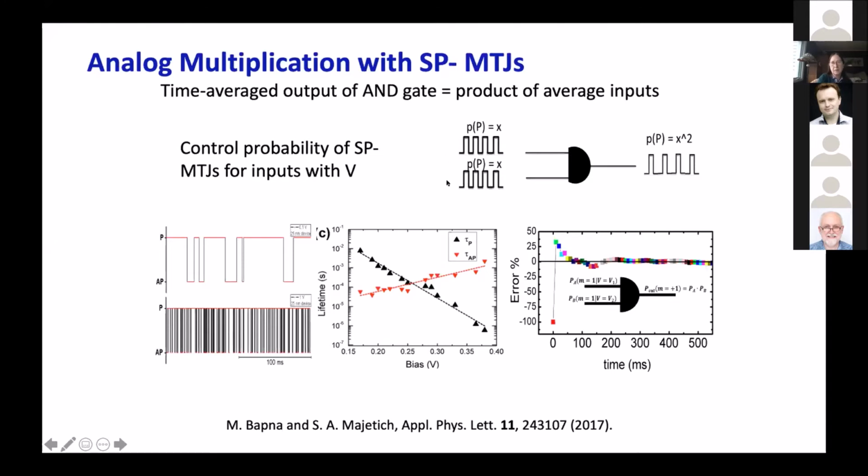And how quickly you can do this multiplication depends on how fast your individual devices are to begin with. The faster the devices are, the faster you're going to get a good estimate with low error. Typically, if you've got, say, 100 switching events, you get reasonable statistics.